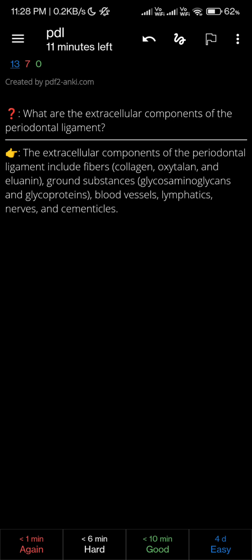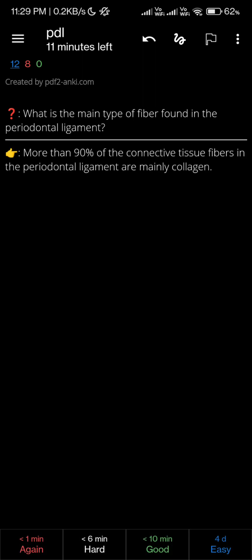We also have blood vessels, lymphatics, nerves, and cementicles. All these are included in the extracellular components of the periodontal ligament.